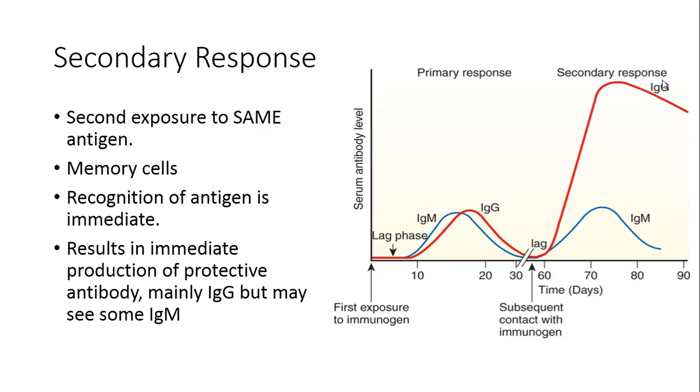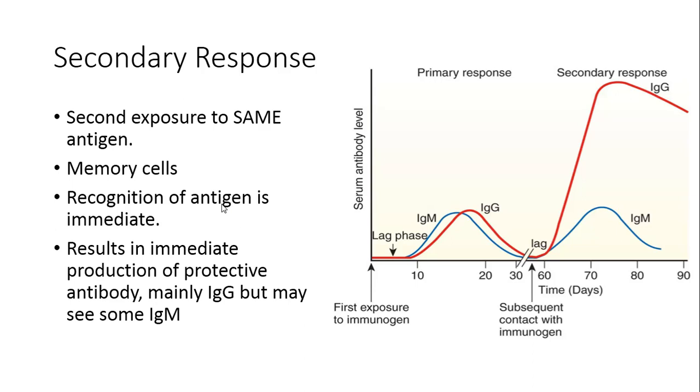And in fact, in a secondary immune response, we consider IgG to be the primary responder of immunoglobulin in response to a secondary exposure. This is based on the fact that we have memory cells. We've already seen that antigen before, so we recognize it, and the response is immediate. The immediate production of those protective antibodies is primarily IgG.